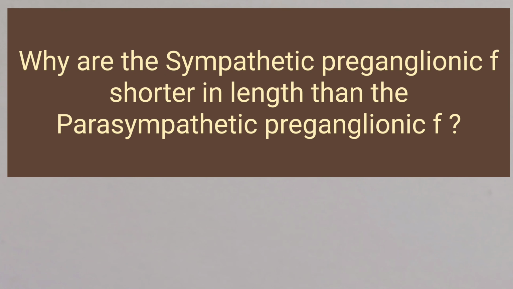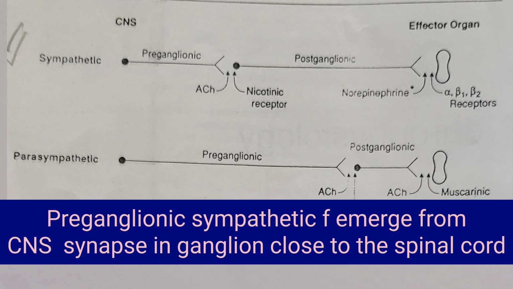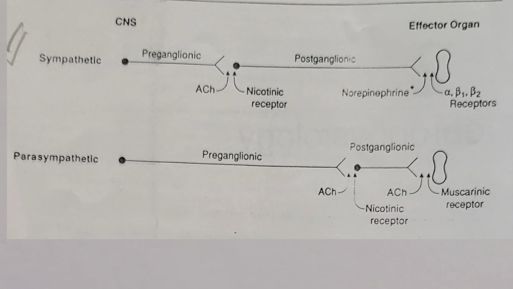It is to be noted that the sympathetic preganglionic fibers are shorter in length compared to the parasympathetic preganglionic fibers. So why is it so? This is because the preganglionic sympathetic fibers emerge from the central nervous system and synapse in the ganglion, which lies close to the spinal cord in the paravertebral chain.